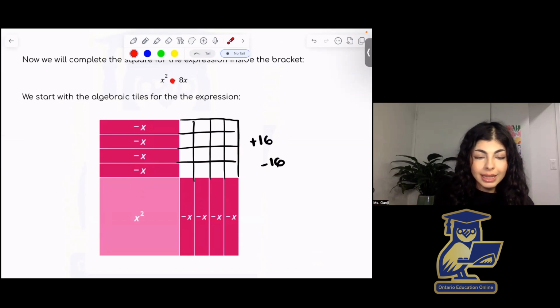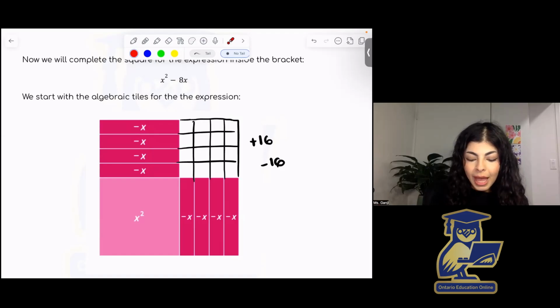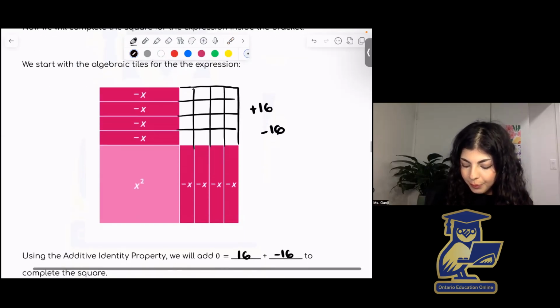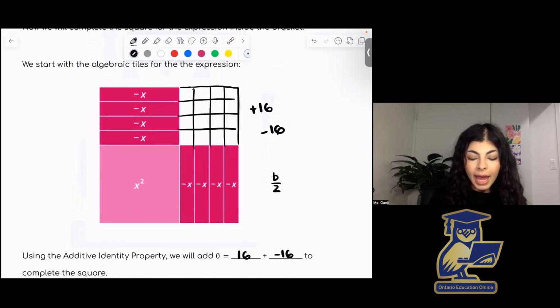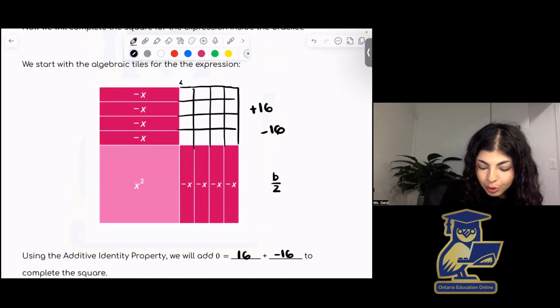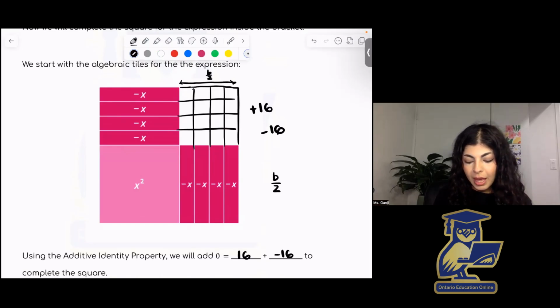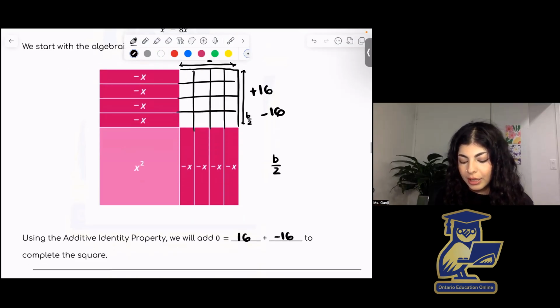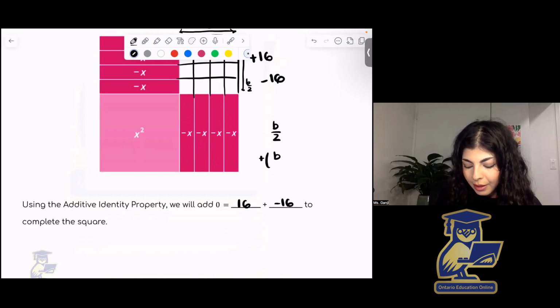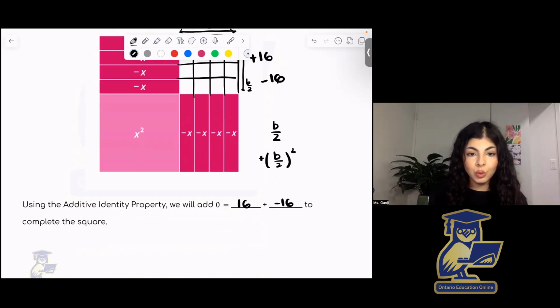In other words, this being b is split into two groups. So b over 2. And then we look at what side length is this square that we added here. And you should get that this is b over 2, and this is b over 2. So in other words, we are adding b over 2 squared.